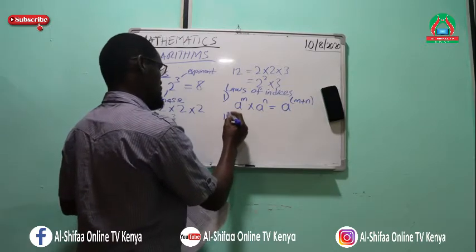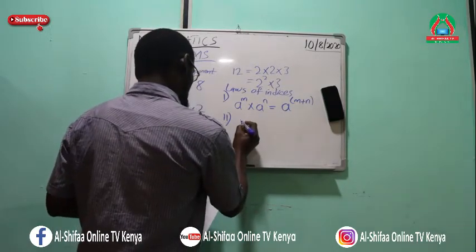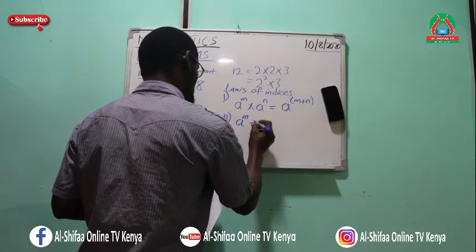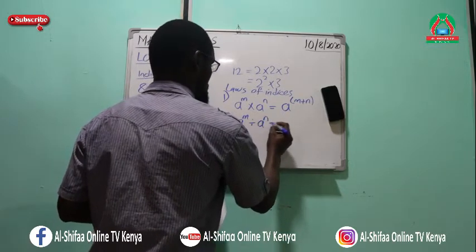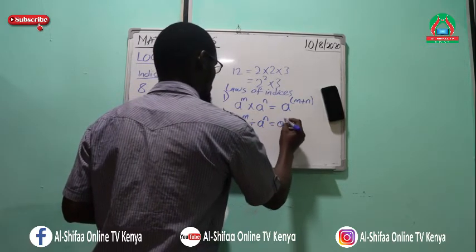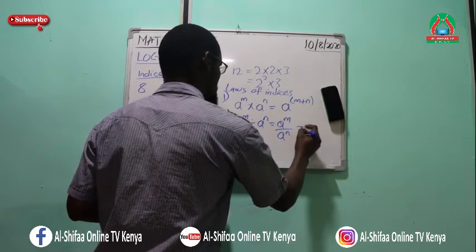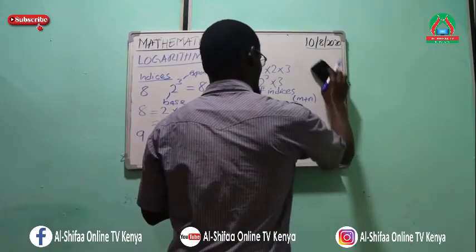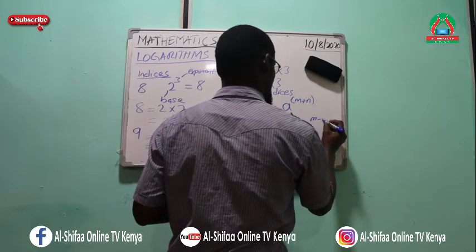Second, when the bases are the same, a power m divided by a power n is equivalent to a power m over a power n, which is equivalent to a, with the powers subtracting, a power m minus n.